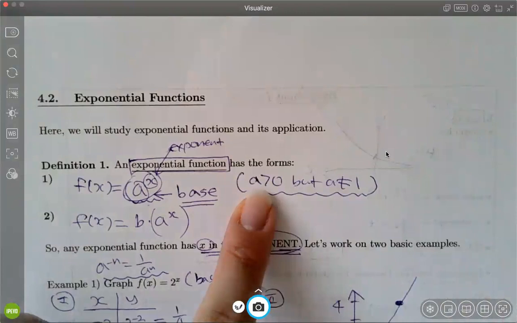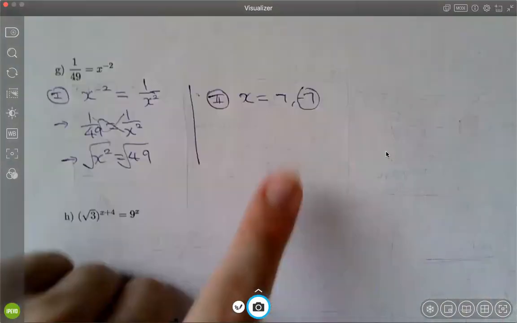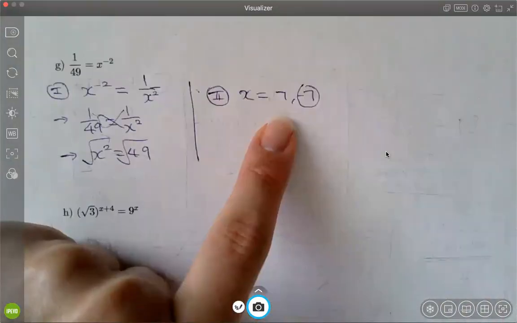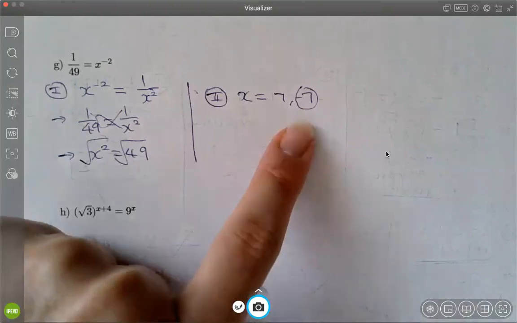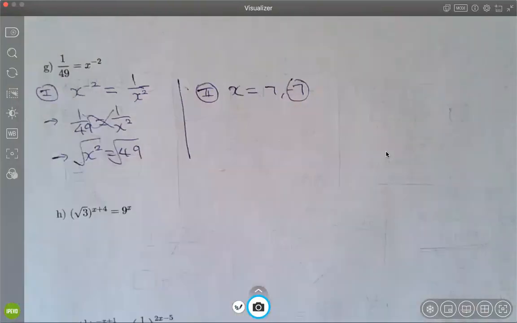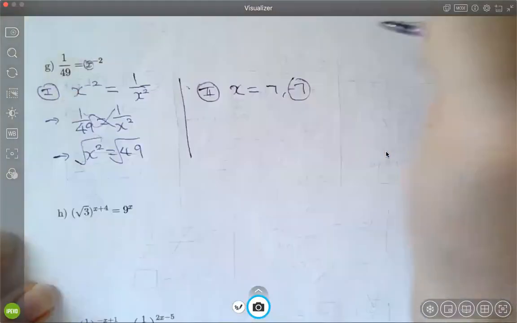So is negative 7 out? And how do you tell whether that is truly a base? So x is where? Here, right? So that is the base position.